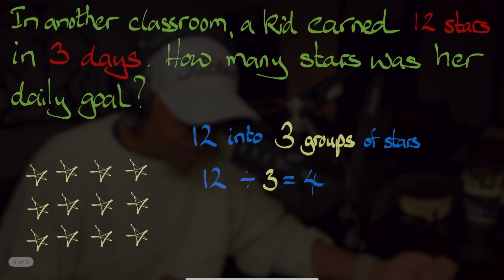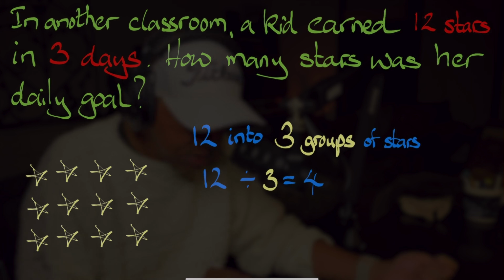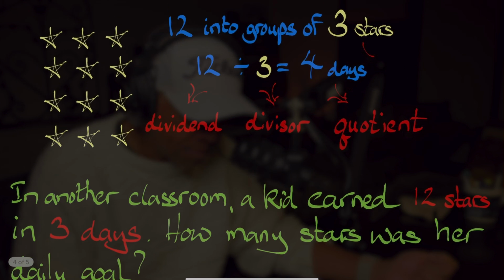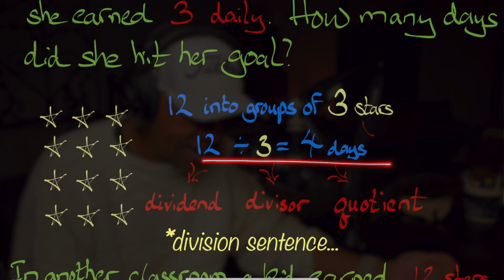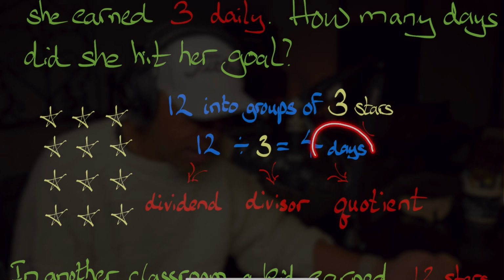So now what we've got is 12 stars into 3 groups of stars, and 12 divided by 3 equals 4. So the multiplication sentence is the same. 12 divided by 3 equals 4. Here, however, my unit is days.